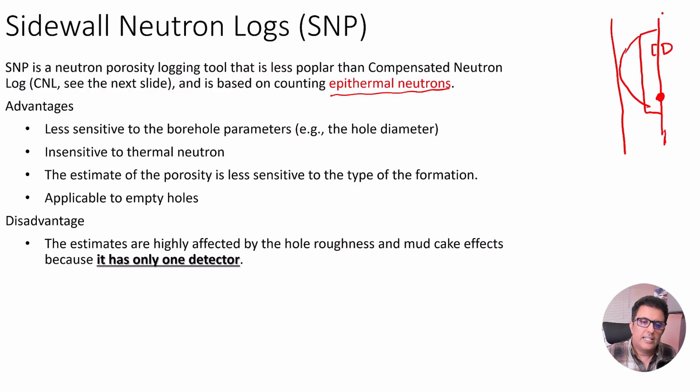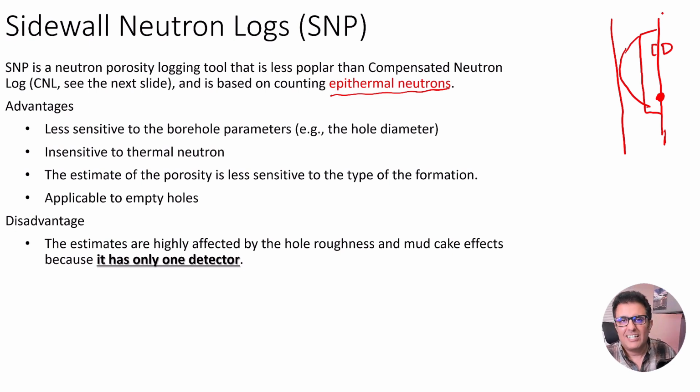This logging tool has some advantages. The major advantage is that it is less sensitive to lithology. If you remember, I said in order to estimate the porosity from neutrons, we should have some idea about lithology. For this logging tool, because it is based on measuring epithermal neutrons, it is less sensitive to lithology.